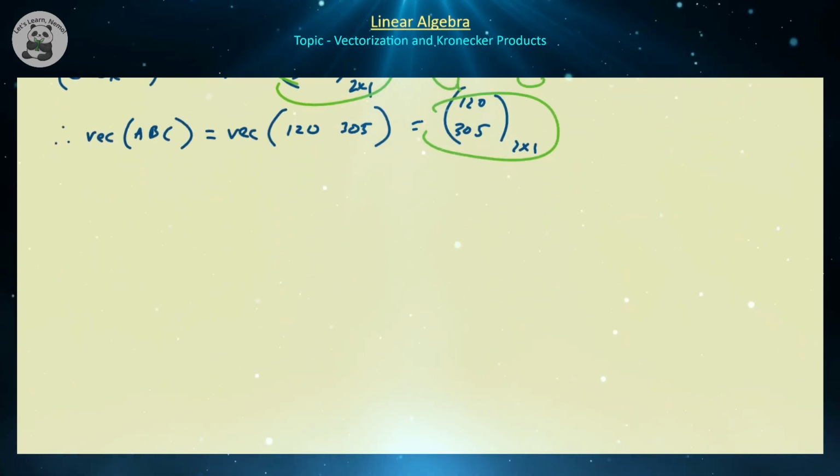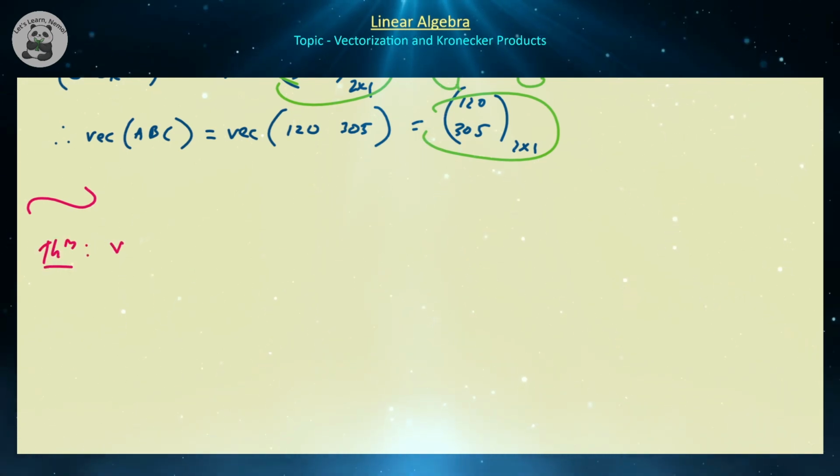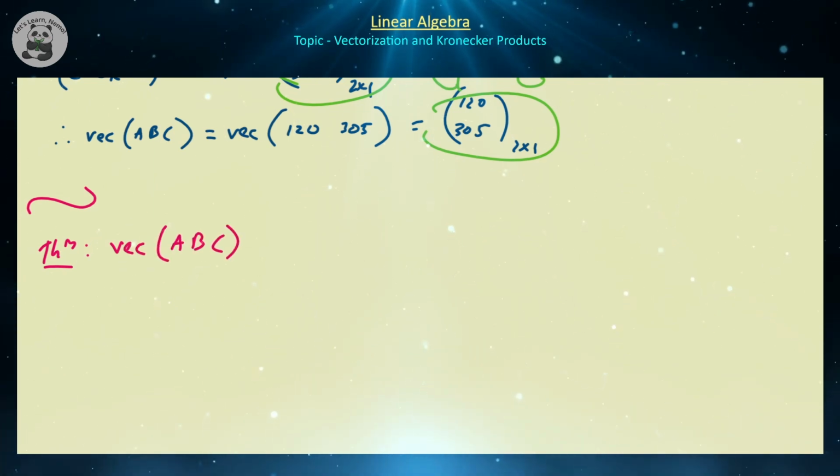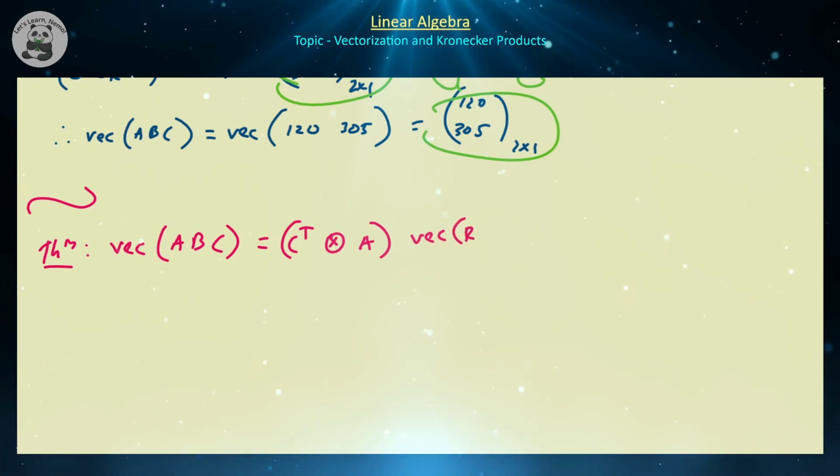So obviously these matrices aren't exactly the nicest of matrices, but it begs the question, are they equal by chance? And actually no. One can prove this theorem. It's actually quite fun to prove, but not exactly the easiest. The vectorization of the product of A, B, and C is going to be equal to the Kronecker product of C transpose with A times the vectorization of B.